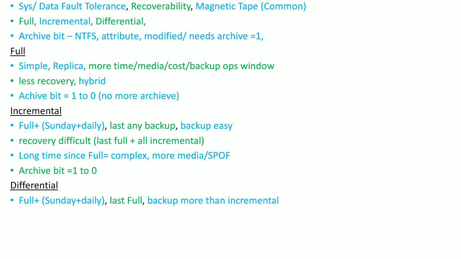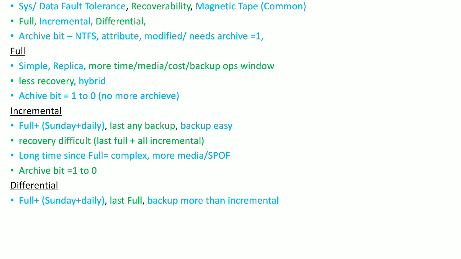We take the differential backup each day, but this differential backup will only consider the files which are modified since the full backup, and it will not consider the last differential backup of the last 24 hours.